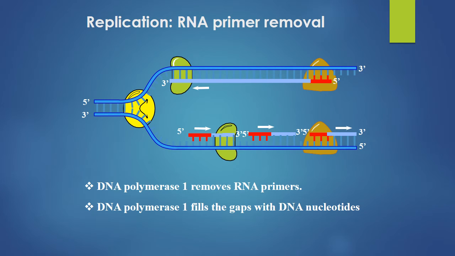So once the synthesis is complete, the DNA polymerase 1 will remove the RNA primers and replace them with DNA nucleotides, because the entire new strand has to consist of DNA nucleotides. But remember, the RNA primers are made of RNA nucleotides.